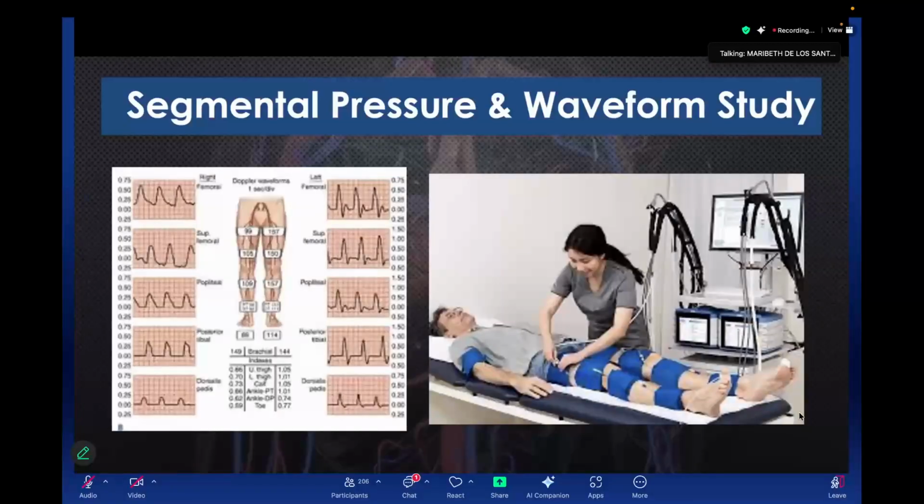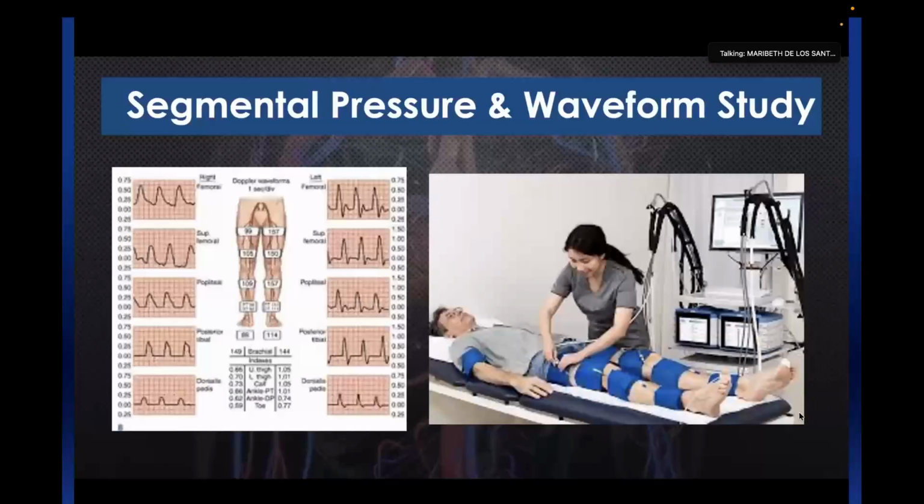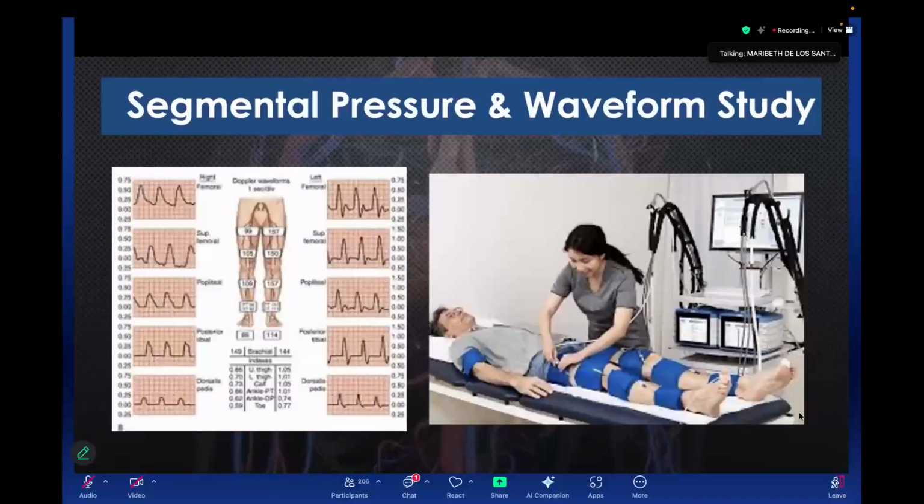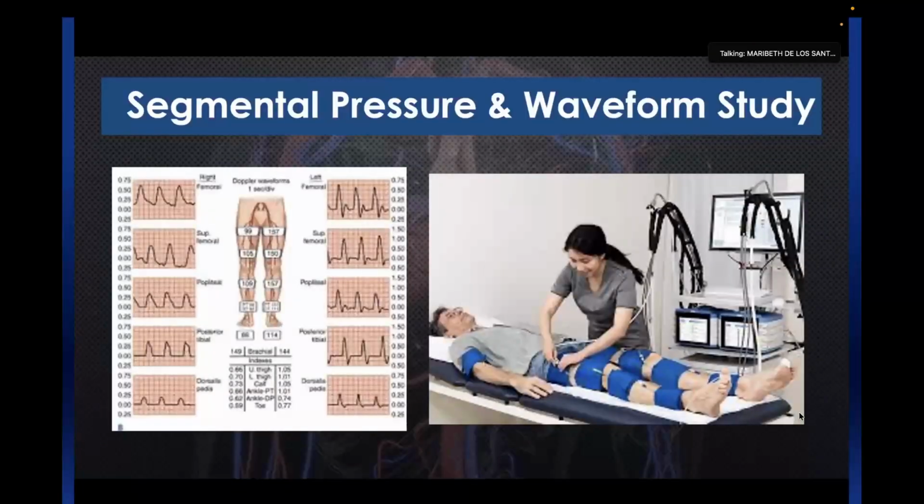The blood pressure cuffs are placed across 4 segments in the lower extremity as you see here in the picture: one in the upper thigh, one above the knee, one below the knee, and above the ankle area. So you get the systolic pressures from each of these segments, and a 20 millimeter mercury drop in systolic pressure across segments points to the area of stenosis.